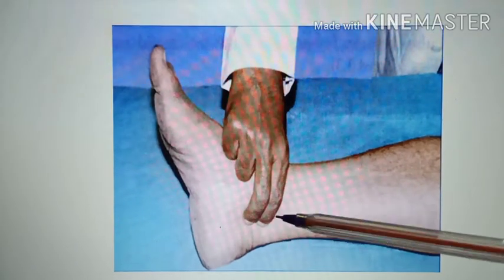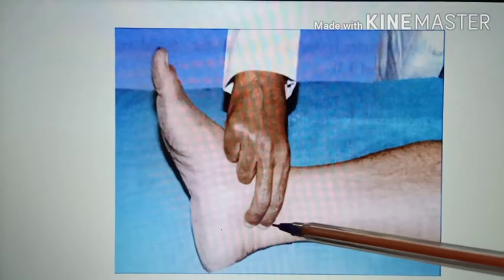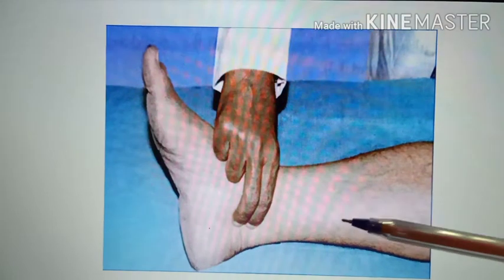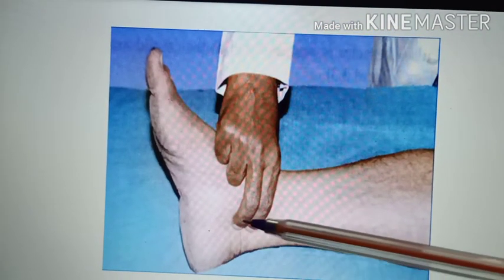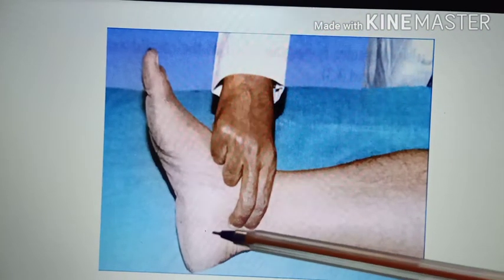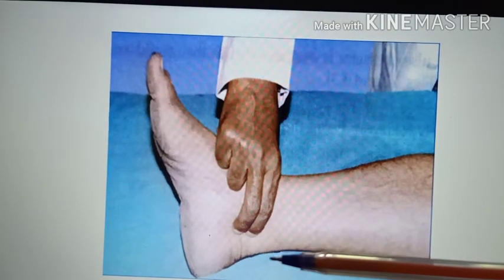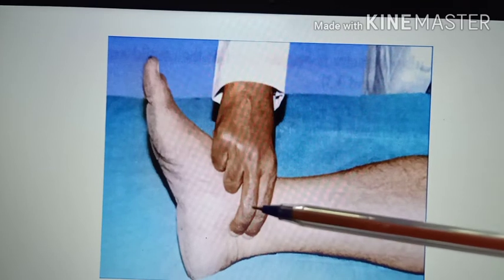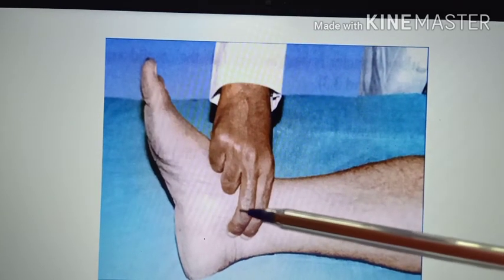This slide is showing you how to palpate the posterior tibial artery. It can be felt against the calcaneum. Here the bone is the calcaneum, about 2 centimeters below and behind the medial malleolus. Here will be the medial malleolus.